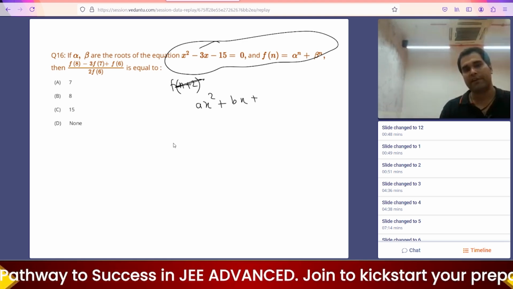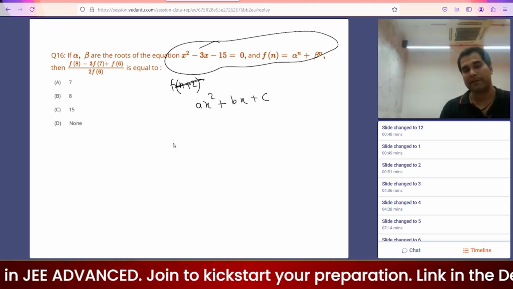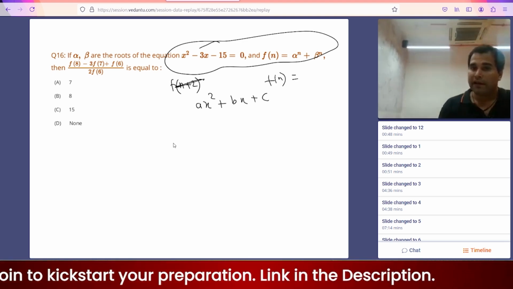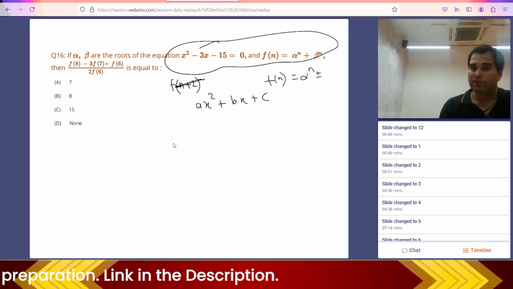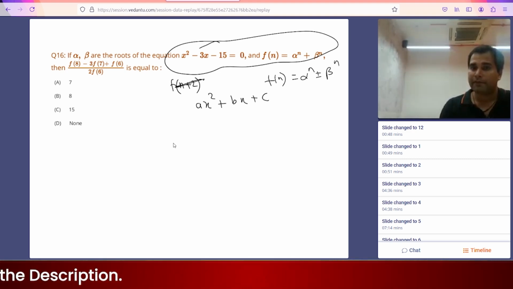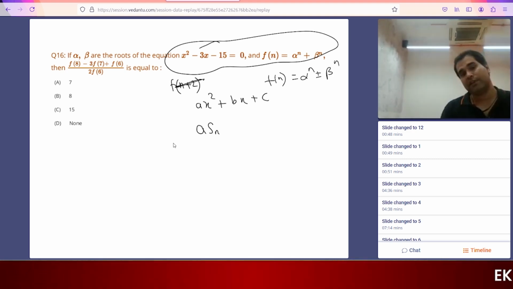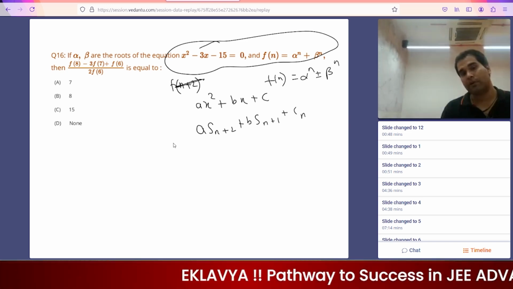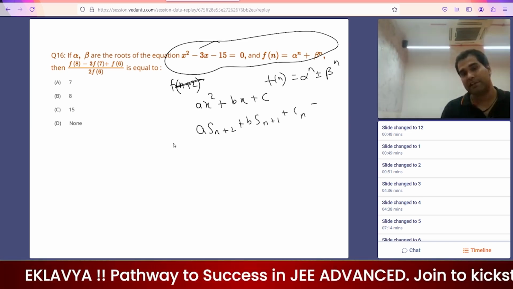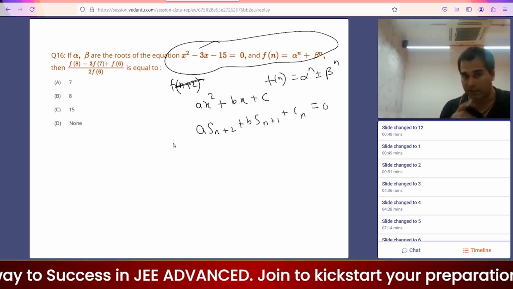If any quadratic equation ax square plus bx plus c and f of n roots are of this form, alpha power n plus beta power n, this means a times f of n plus 2 plus b times f of n plus 1 plus c times f of n equal to 0.